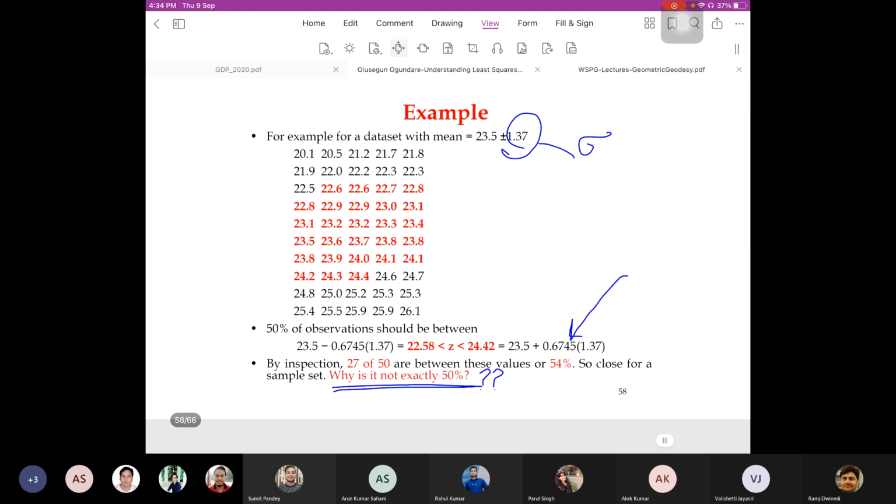Anyone who's capable of answering this? Why is it not exactly 50%? Any guesses?